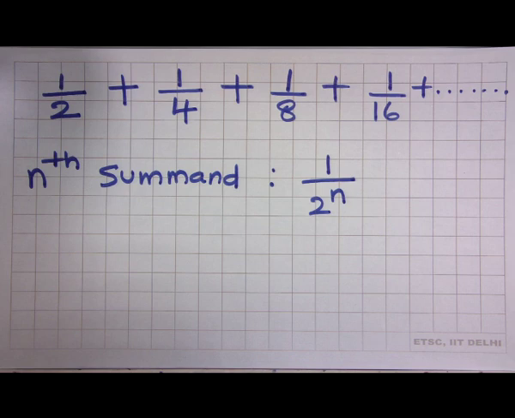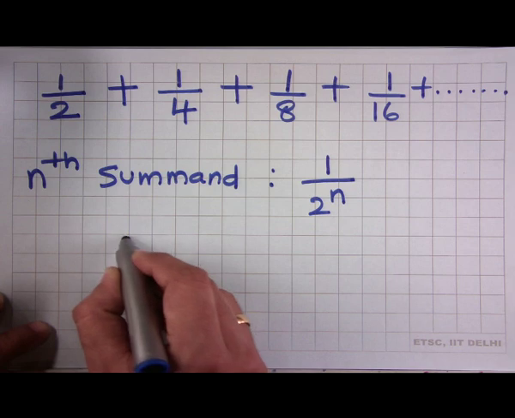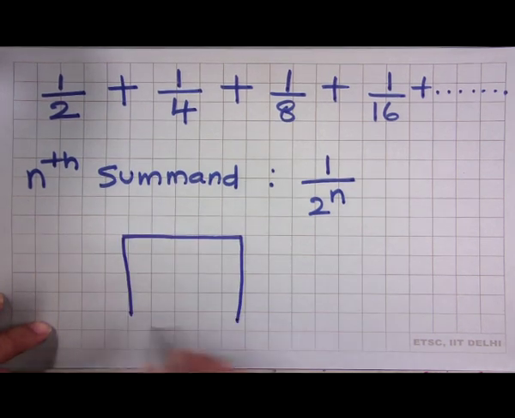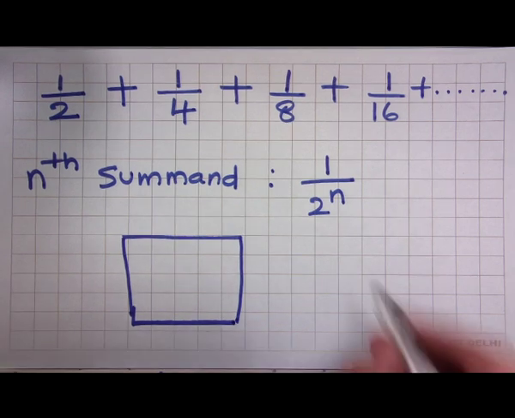But then let us view this problem slightly differently with the help of geometry. Consider a unit square whose side lengths are 1.